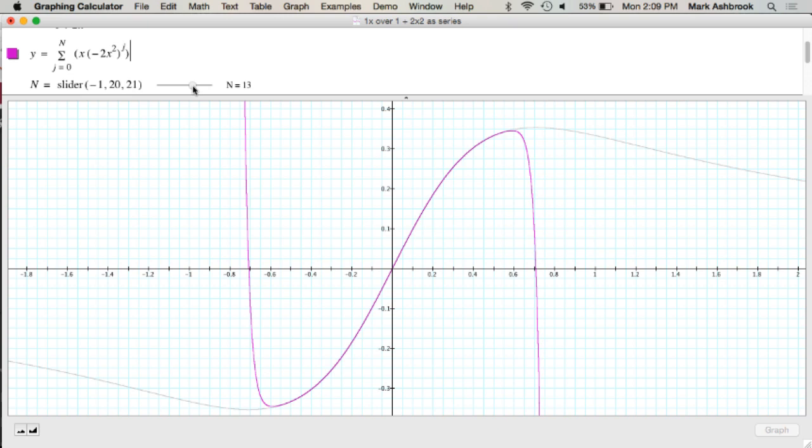So I can go all the way to n equals 19. So that's like the 20th partial sum. I've got the first 20 terms added together. And the purple one is the graph of the partial sum. And the gray graph was the original function that we were trying to approximate.